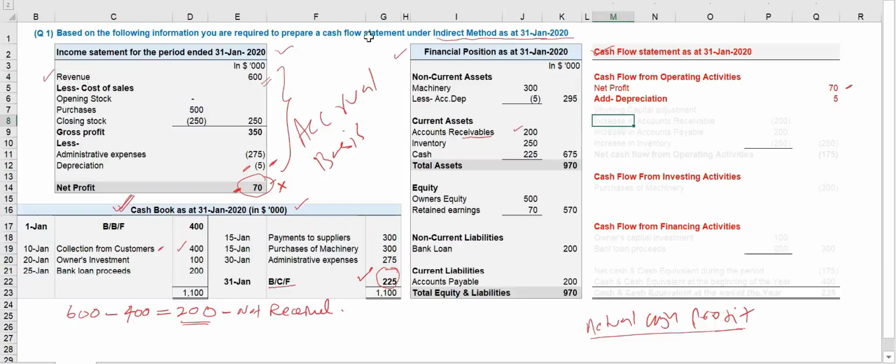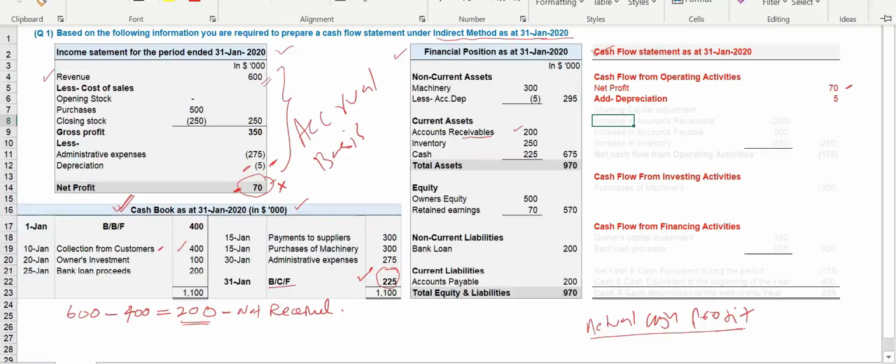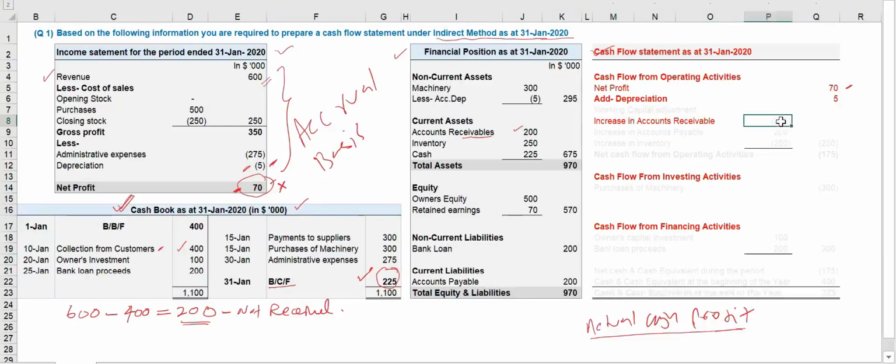You should deduct this amount from this 70,000. In other words, we can say there is an increase in accounts receivable balance. So any increase in accounts receivable will be a deduction to the net profit.